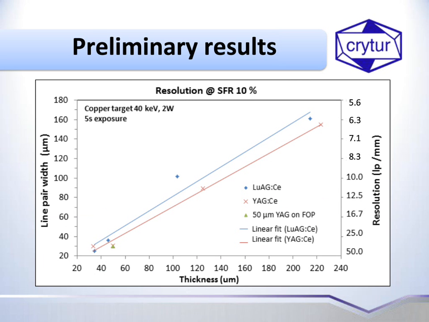If we speak about scintillators between 30 and 200 microns, there's a linear dependency.